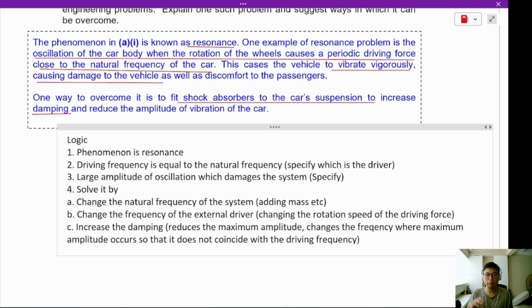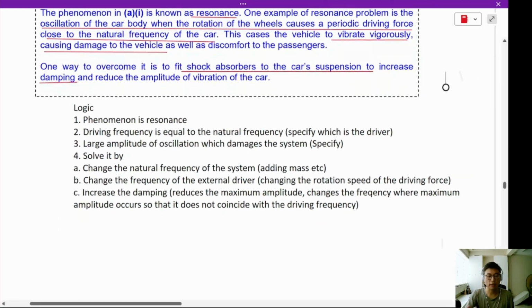Because what happens when you add damping is that not only does the amplitude of oscillation drop, but the frequency also becomes mismatched because the frequency will decrease. Now, so long as your answer has all these 4 components, you will get the full marks.